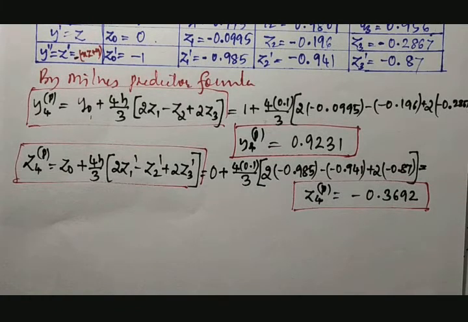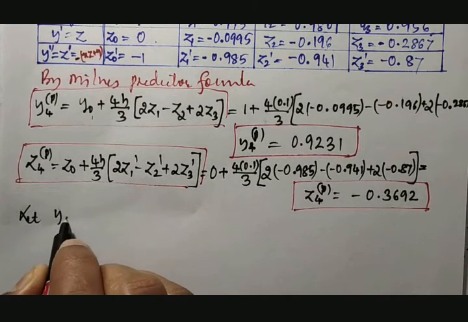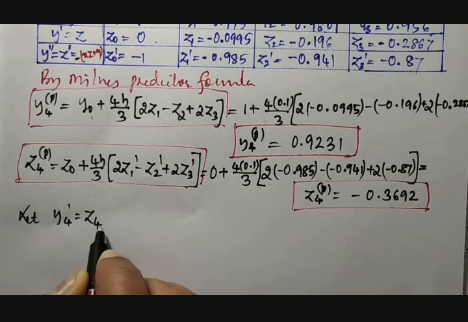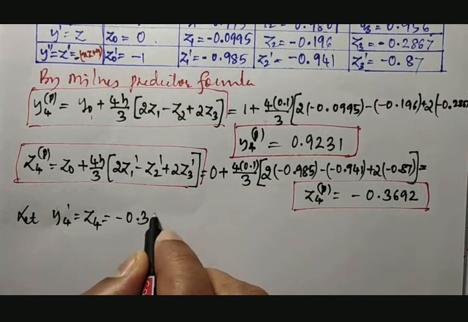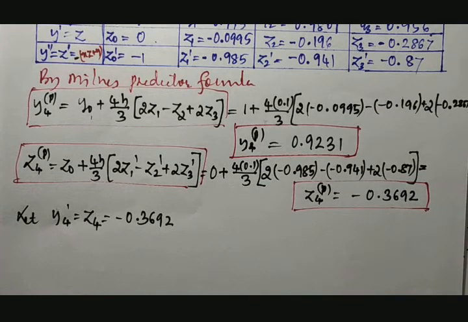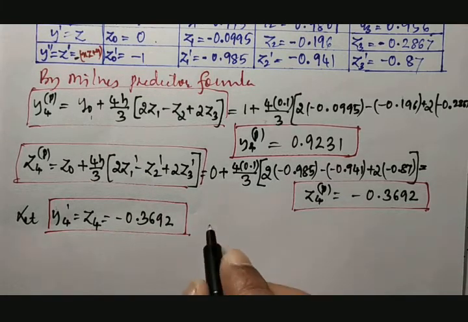Then we need to go for the correction. But before correction, we need to go for the derivatives. So y4 dash is nothing but z4, which is nothing but this result, that is minus 0.3692. So we obtained one result. We'll move to the next.